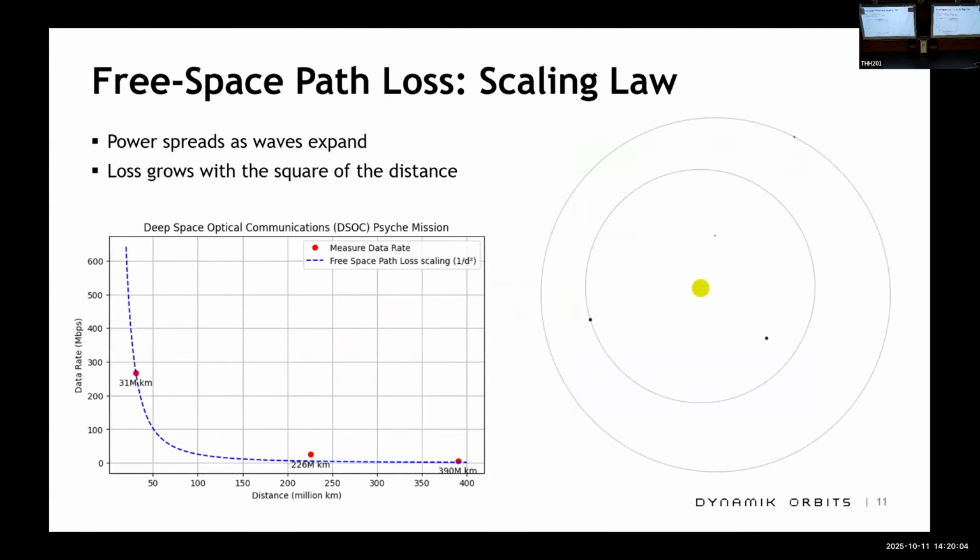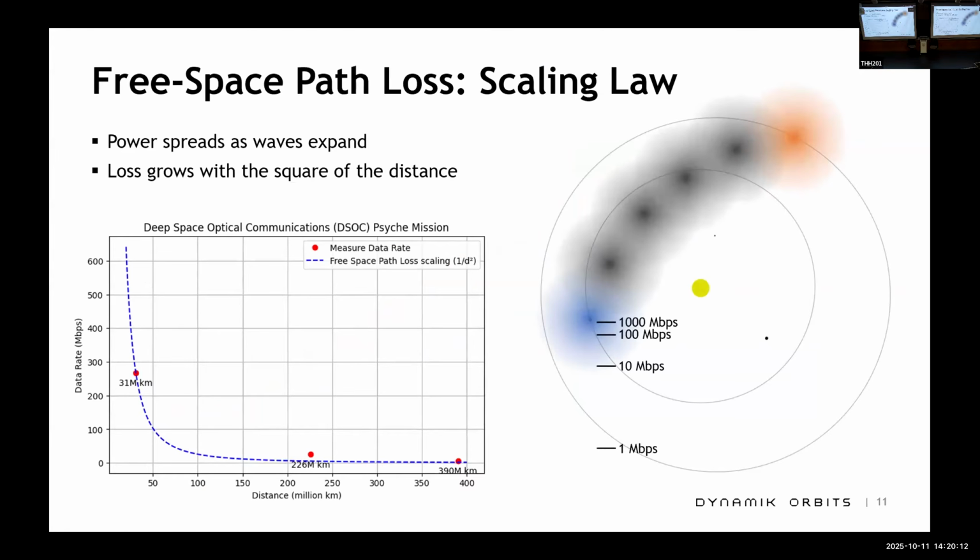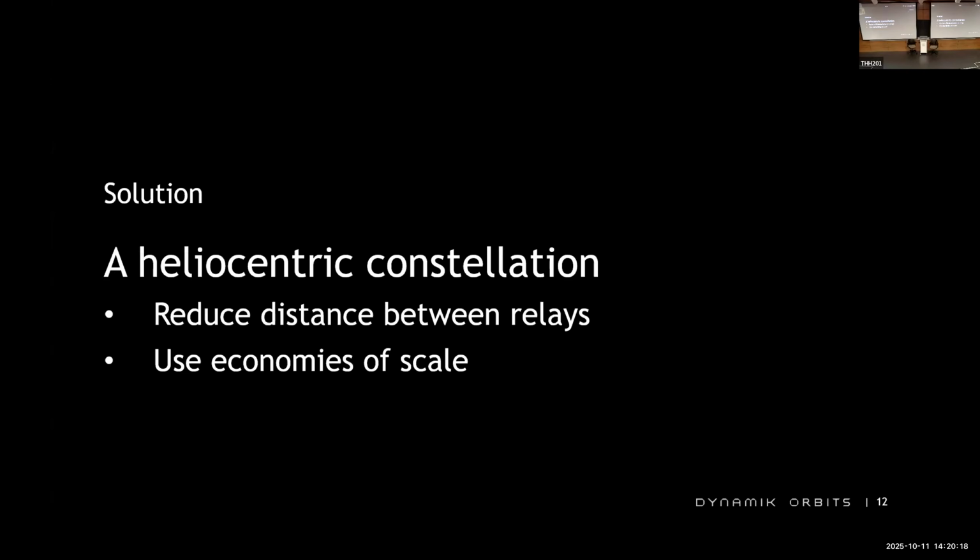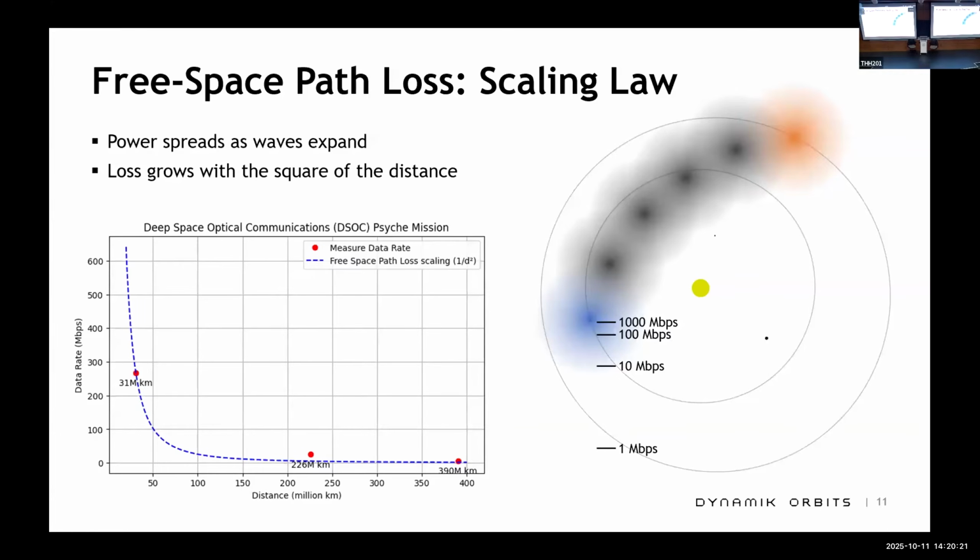The problem, of course, is the inverse square law, meaning that you need a bunch of relays if you want to connect between Earth and Mars. If you don't have relays, then you're going to get 1 megabit per second. And you cannot have relays like they were shown on this slide, because orbital mechanics will move that around a lot.